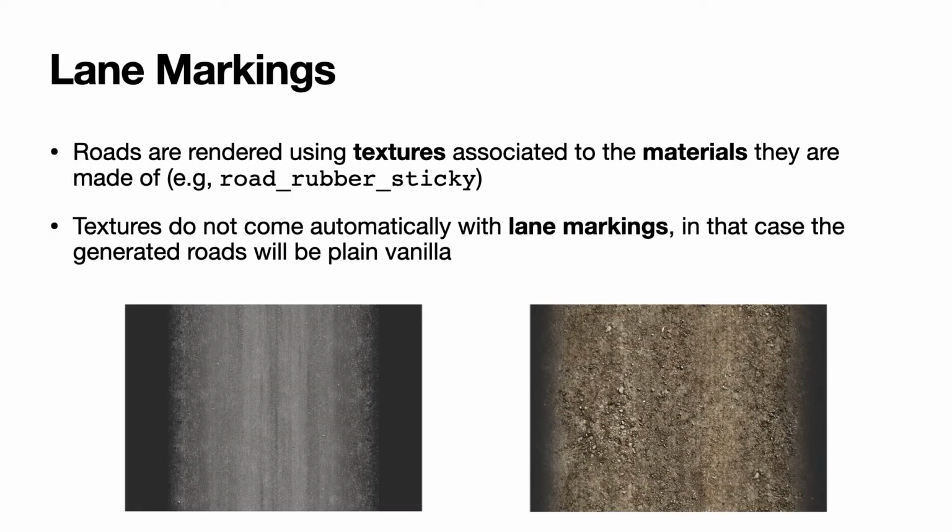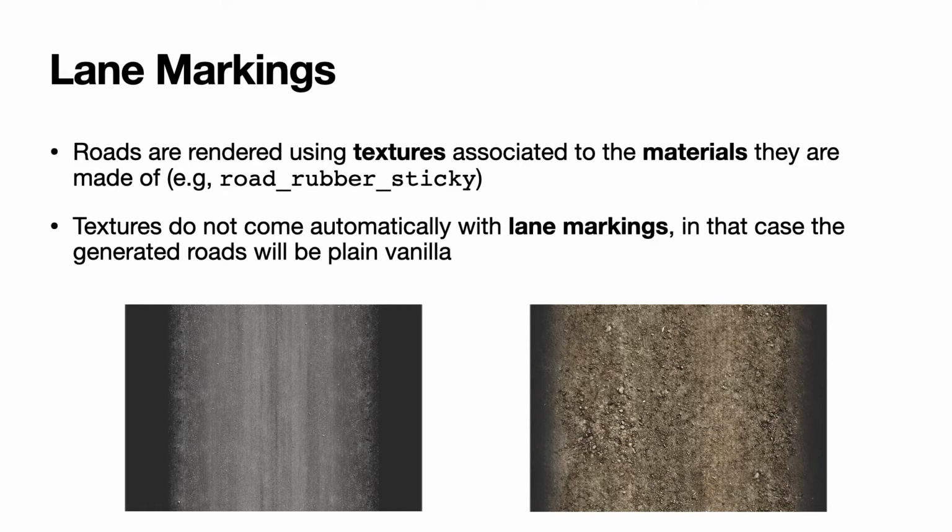One last point is about lane markings. We generate roads in terms of their geometry, and then we define what material makes them. Materials do not necessarily come with lane markings. We know that for testing, computer vision or vision-based driving agents rely on the features of the road: the yellow central line, or the solid white line on the side, and so on.